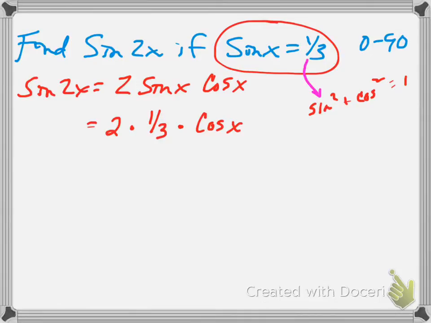So we put in the 1/3 for sine. 1/3 squared plus cosine squared equals 1. 1/3 squared is 1/9. Subtract the 1/9 to the other side. And at that point, I'm sitting at cosine squared equals 8/9.